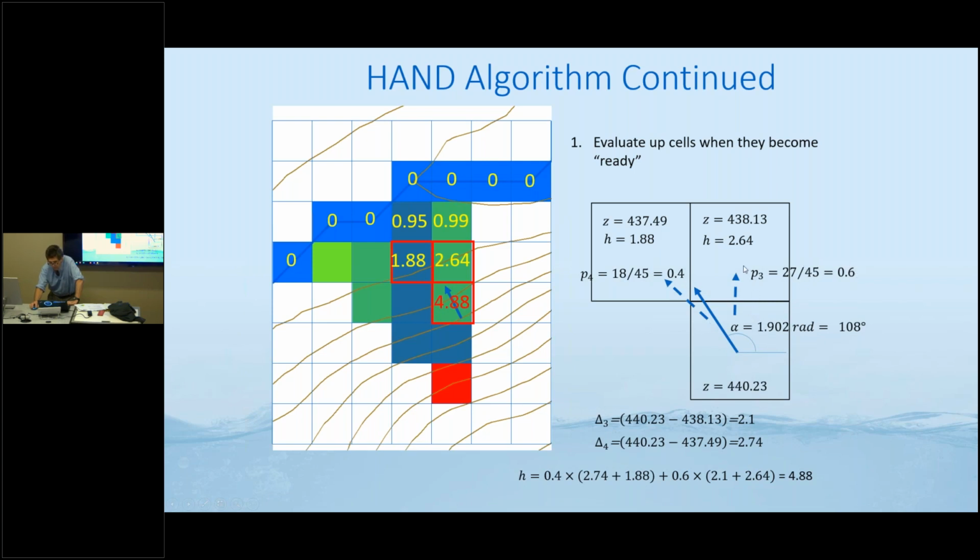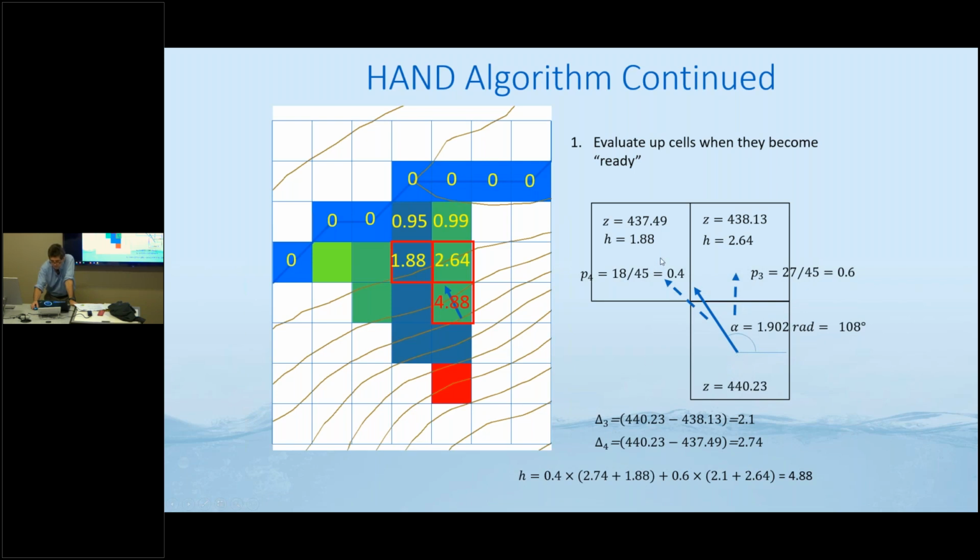And the proportions are 0.6 and 0.4. So this height here is 1.88 and 2.64. So then you again calculate the deltas involved. So the delta for going from there to there is 2.1. I know the 3 is immediately to the north.